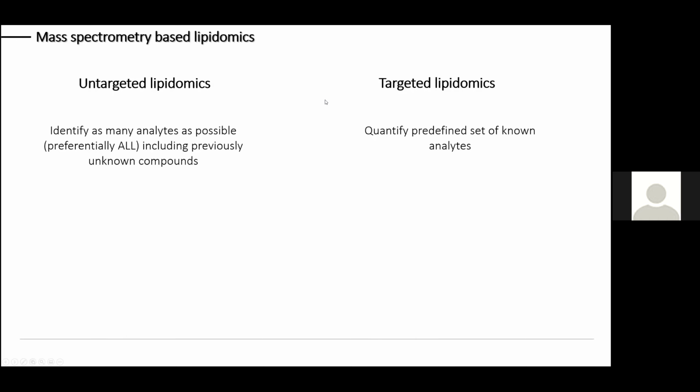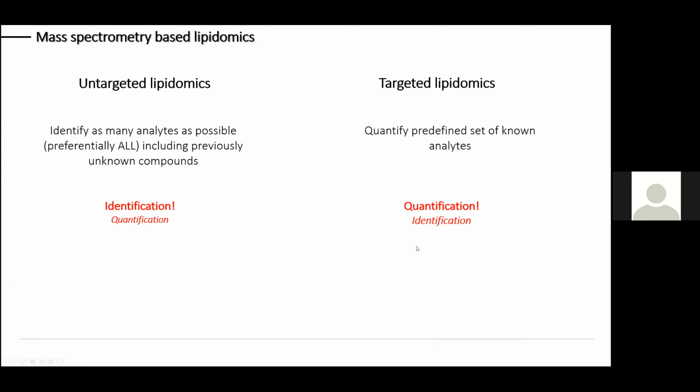If we go for untargeted lipidomics, usually our aim is to identify as many analytes as possible, preferentially all of them, including the ones we previously had no idea about. So it's like a discovery approach. Whereas in targeted lipidomics, we usually want to quantify a predefined set of known analytes. So here we mostly go for identification, although quantification is also possible under certain conditions.